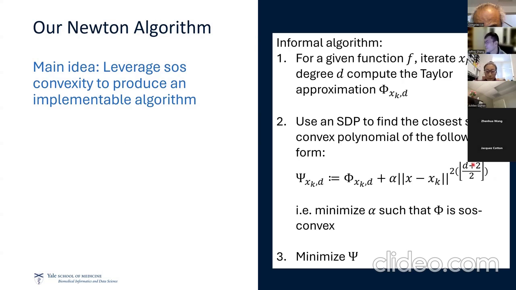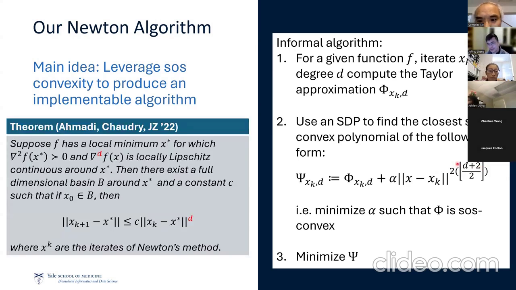The reason we need this is because sum of squares techniques really only work with polynomials. If you add an odd degree regularizer, you no longer have a polynomial, which is why this needs to be even degree.